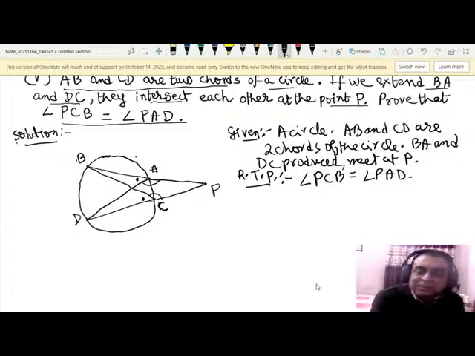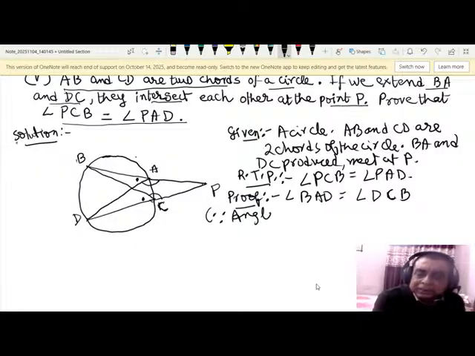Angles in the same segment are equal. So write here angle BAD value is same as angle DCB. You have to write the reason for it: angles in the same segment are equal.